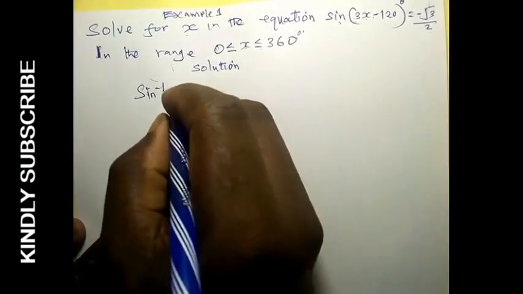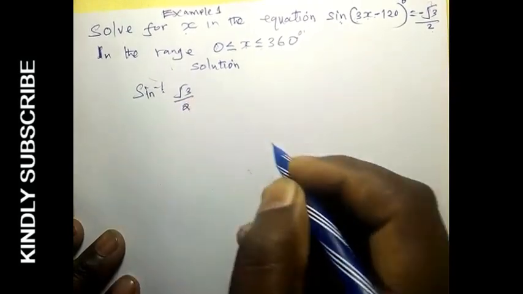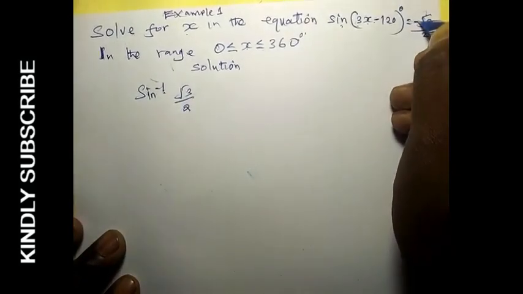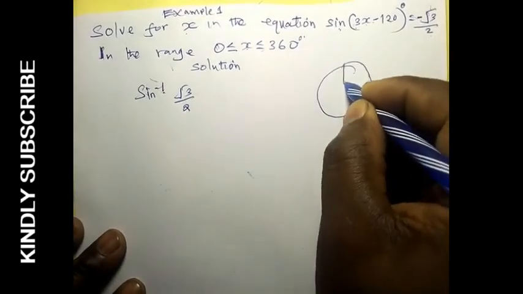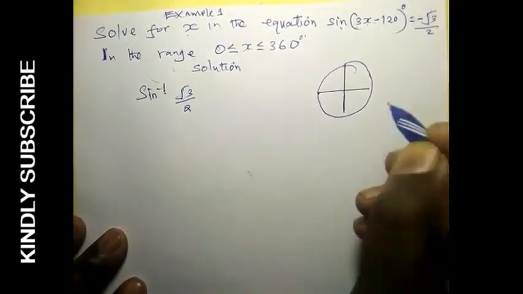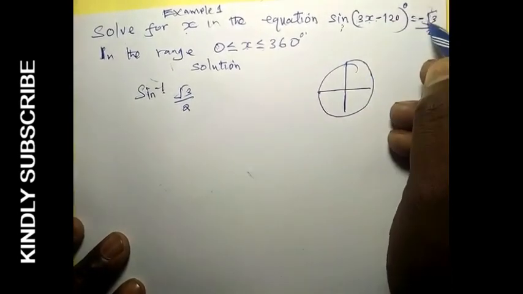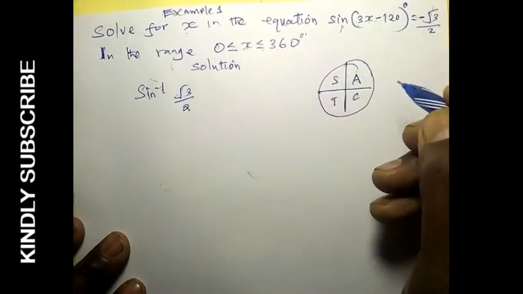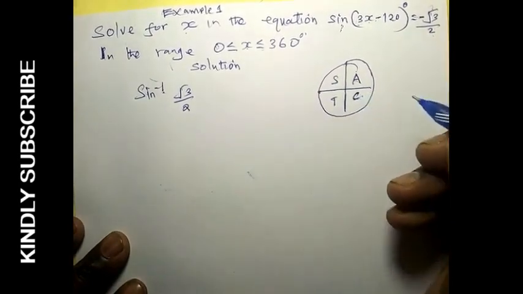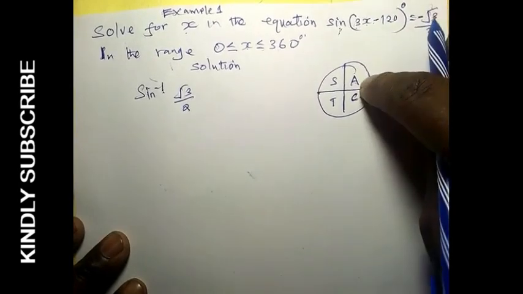How do we get it? It is sine inverse of root 3 divided by 2. Now the negative here tells us that in the unit circle we want the angles where the sine is negative. Remember, here all of them are positive.